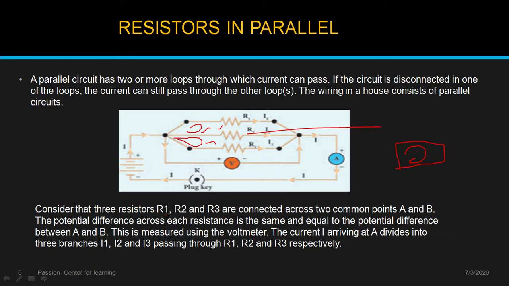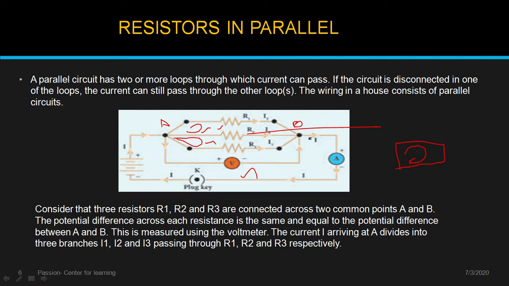Now consider the resistors R1, R2 connected across the terminals A and B. So this is point A, and this is point B. The potential difference across each resistor is the same and equal to the potential difference between A and B. This we can measure with the voltmeter.